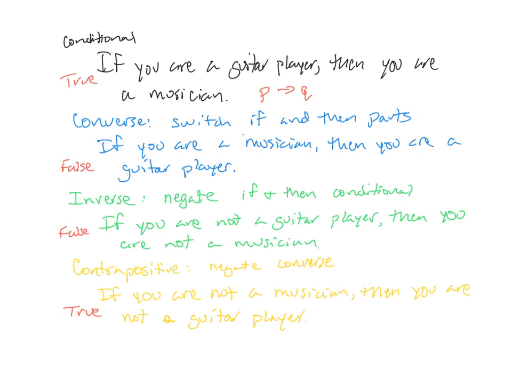Okay, so the converse, remember we're switching the if and the then parts. So it's Q with the arrow to the P. Inverse, we're negating the if then. So the negating part is this little squiggle. Not P, then not Q. It's kind of the way you say it.